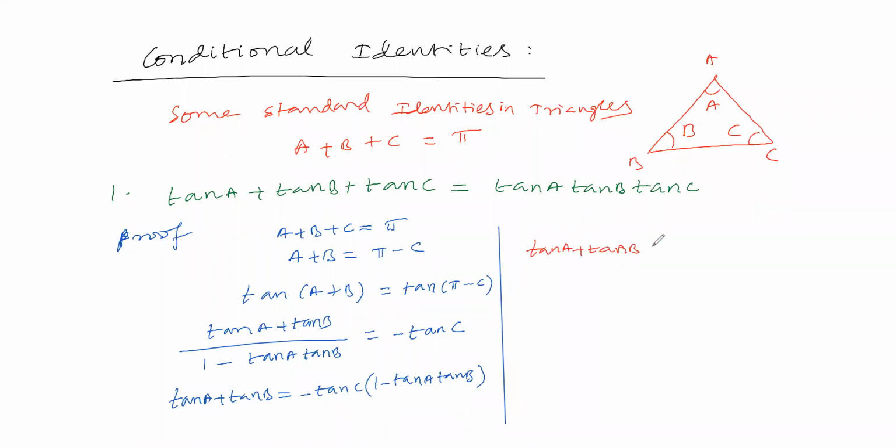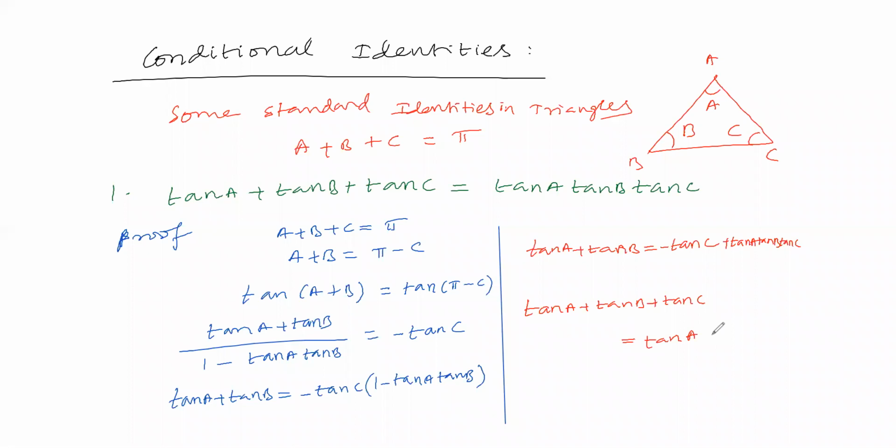On the right side, multiply: minus tan C into 1 minus tan A tan B. So minus tan C, and minus tan C into minus tan A tan B gives plus tan A tan B tan C. Now tan C you bring to the left side.